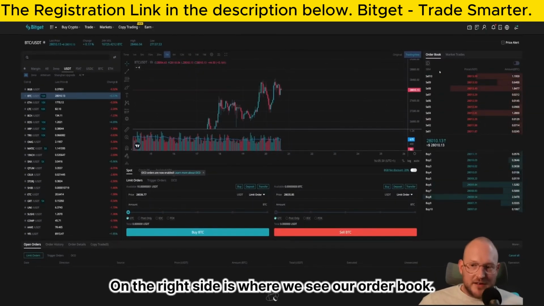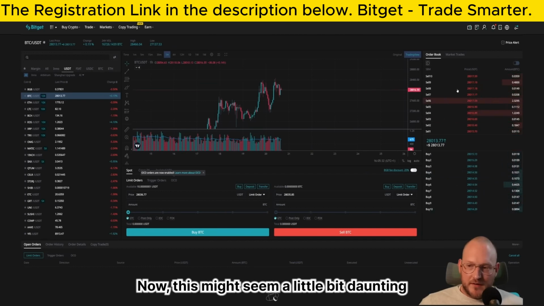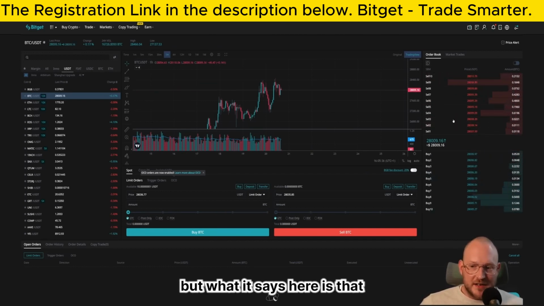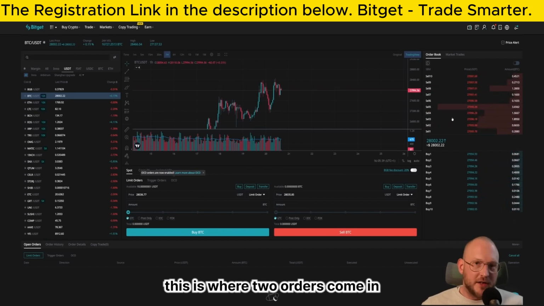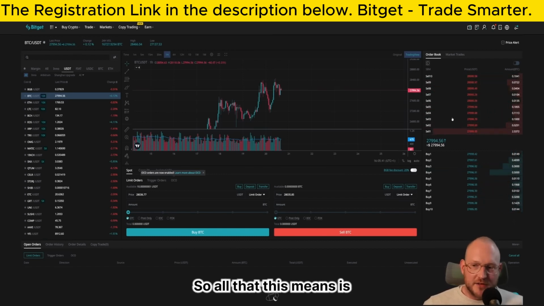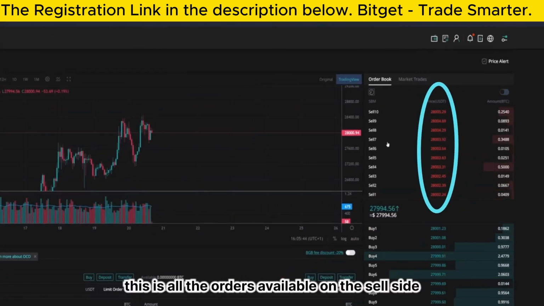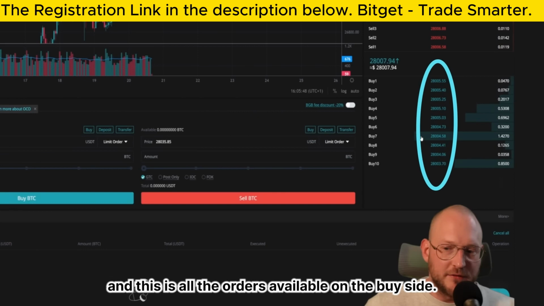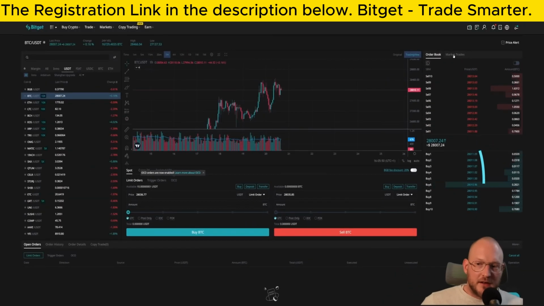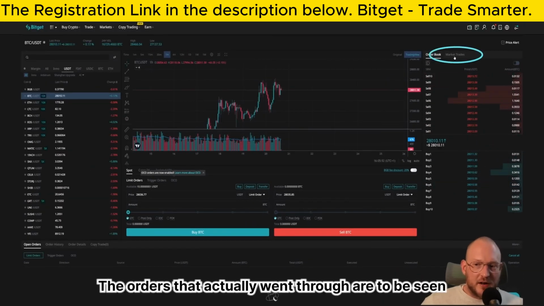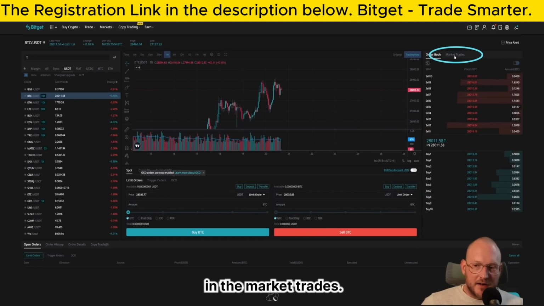On the right side is where we see our order book. This might seem a little daunting, but what it says is that this is where the orders come in and where the orders are being transacted. All this means is that this is all the orders available on the sell side and this is all the orders available on the buy side. The orders that actually went through are seen in the market trades.